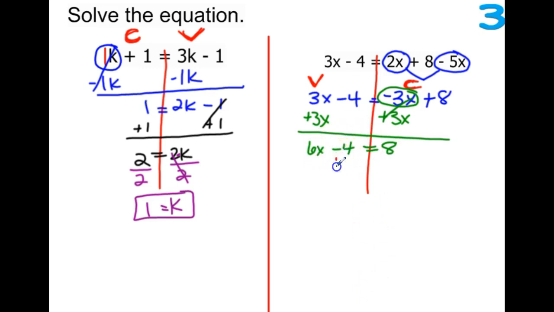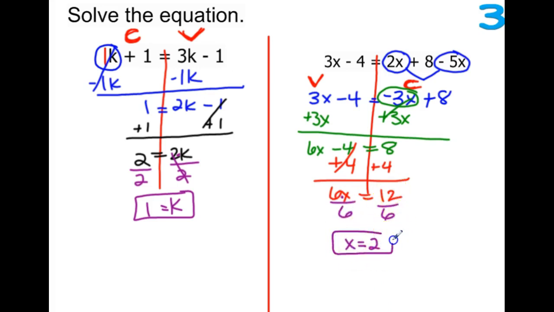And then the opposite of subtracting 4, because we're trying to get this x by itself, do the letter last here, add 4. We have 6x. 8 plus 4 should give us 12. And then last, the opposite of multiply is divide. 12 divided by 6 is 2.